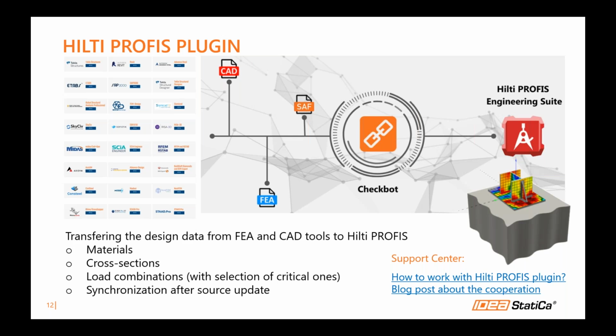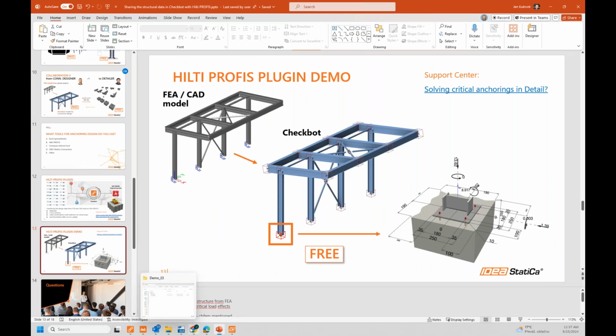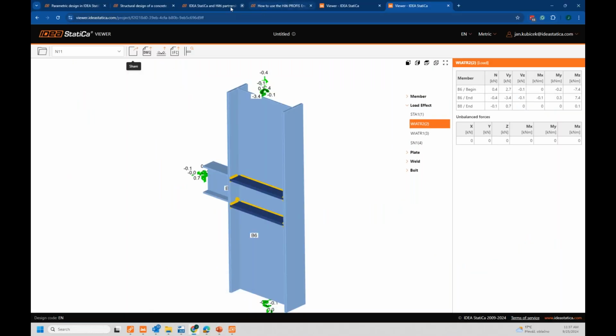If you want to elaborate a little bit more, if you want to read about how to work with it, how to start with this interconnection, here are some links to the support center. It will be provided after the webinar, but I can open it here, hopefully. I'm just curious which screen it will be. Yeah, it's here.